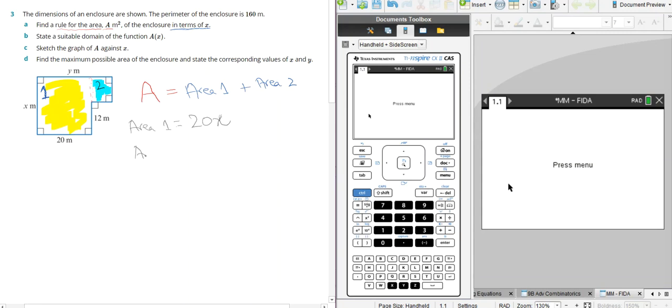Now let's go to area 2. If you look at this little shape, which is the blue highlighted section here, the length of that is part of y, but it's not exactly y, because y covers everything from the left corner of this shape to the right corner of the shape.